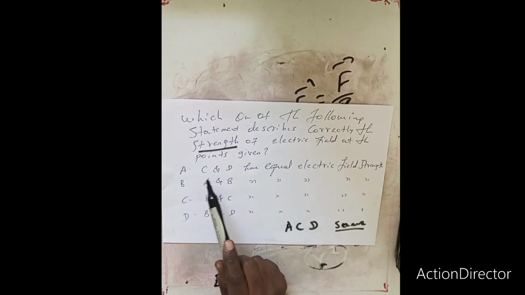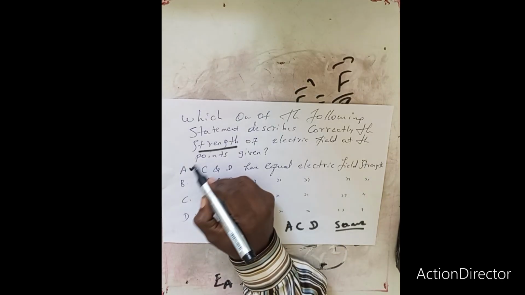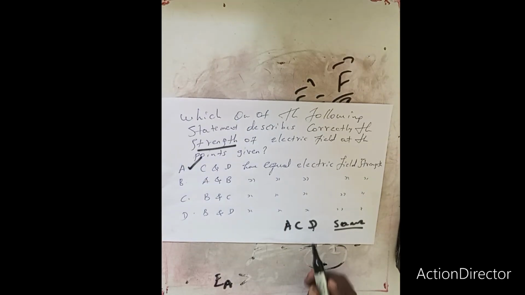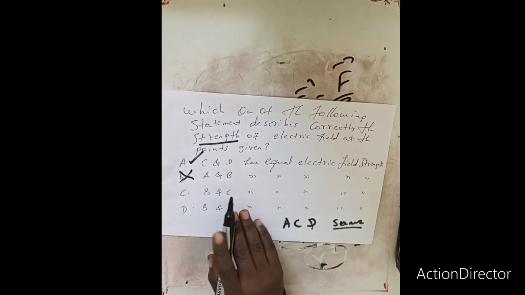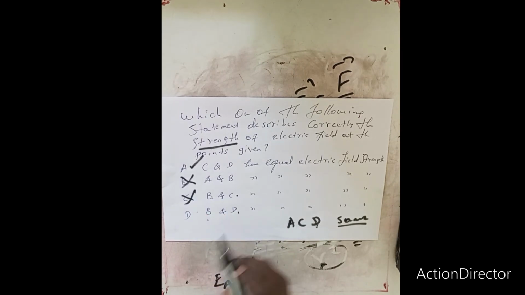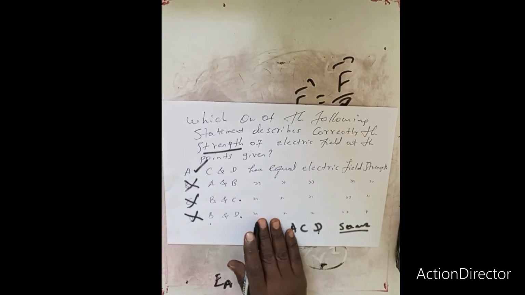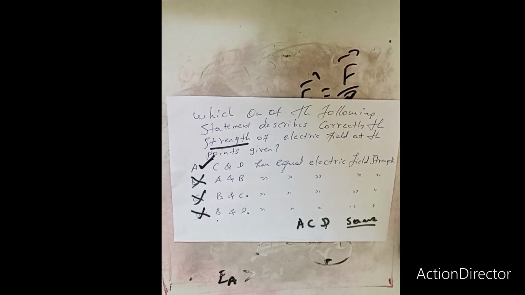So C and D have equal electric field strengths. That is correct. C and D, they are the same. A and B, no, this is not the same. B is at a different circle. B and C, B is also at a different circle. B and D is at a different circle. So the correct answer is A.